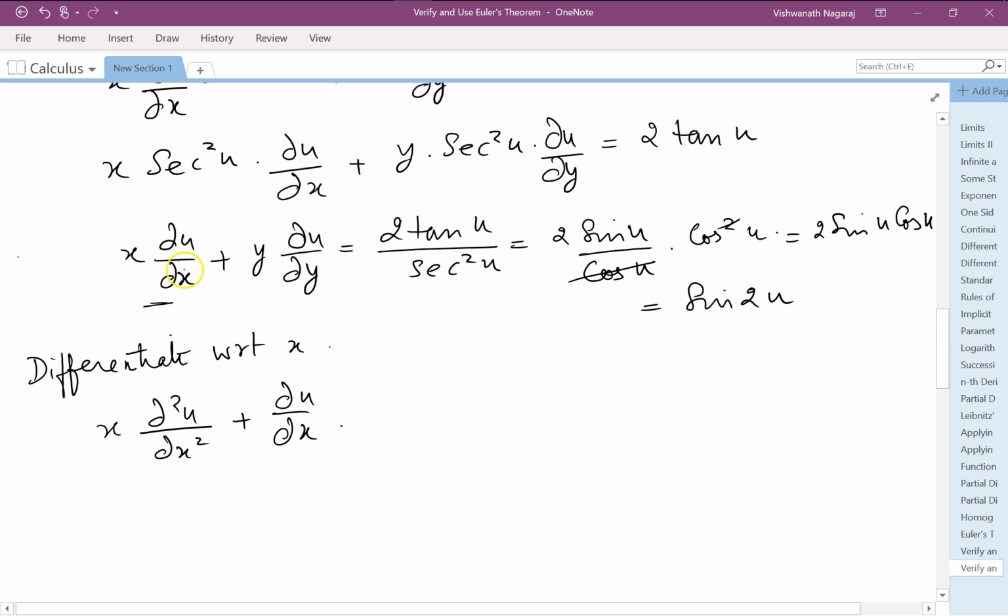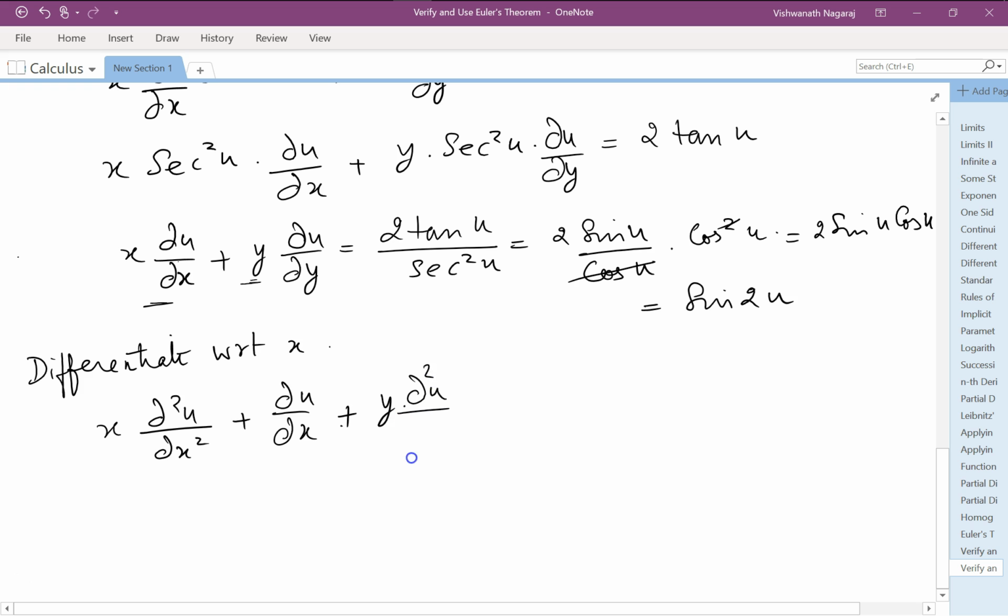This one, ∂u/∂x, we get ∂²u/∂x², plus now we differentiate x and ∂u/∂x remains as it is, so x becomes 1 here, plus now y is a constant, but first we leave it as it is, so y ∂u/∂y becomes ∂²u/∂y.